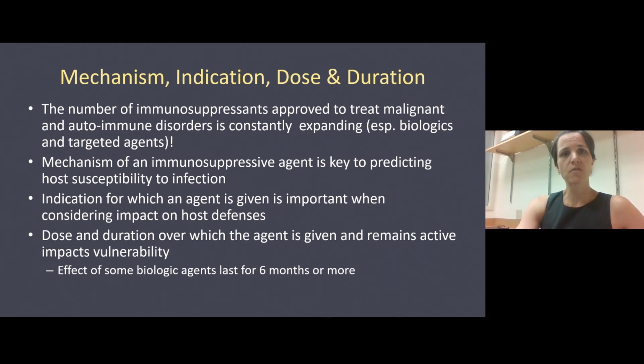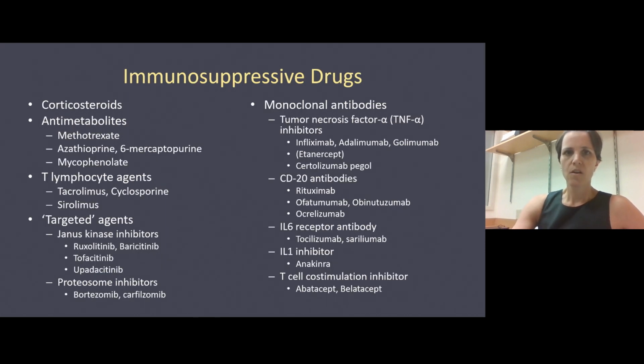Whereas eculizumab, the drug I was just talking about, has a shorter half-life and a shorter impact on the immune system. So after a few months from the last dose of eculizumab, the person's meningococcal risk will fall back down to normal.